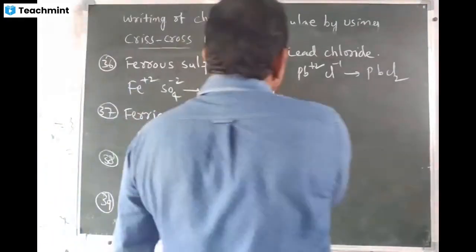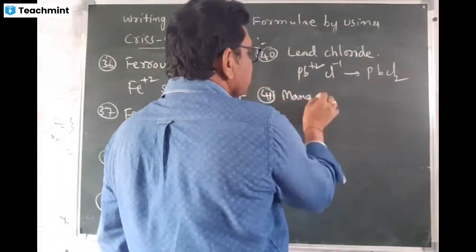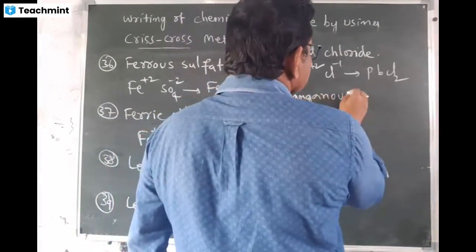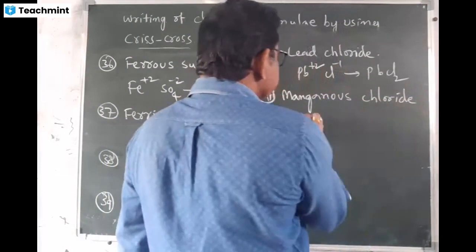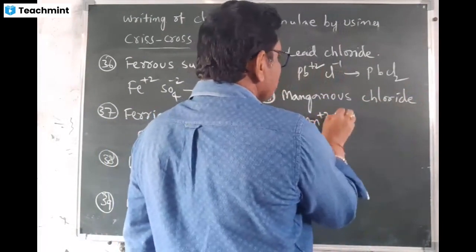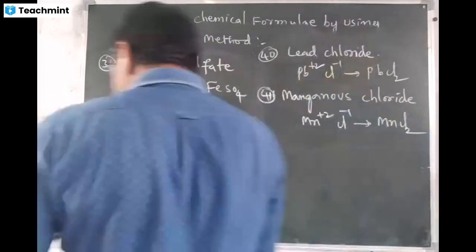Okay, then 41, manganese chloride. Manganese chloride means Mn plus 2. Then the formula becomes MnCl2. That is manganese chloride.